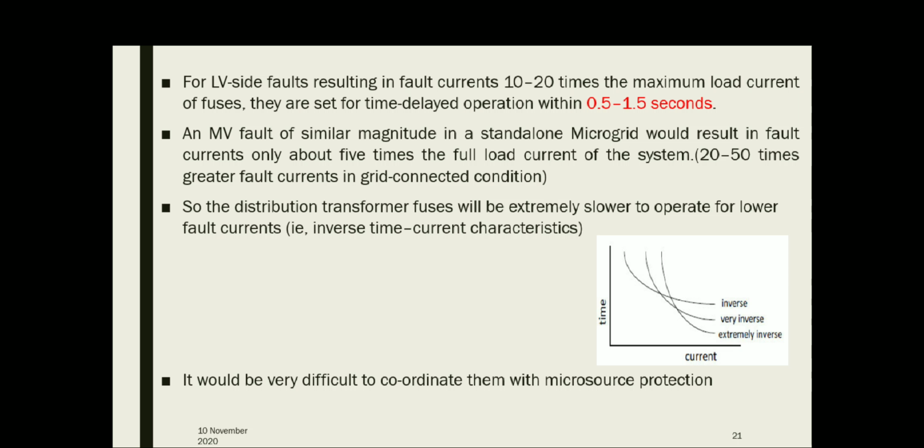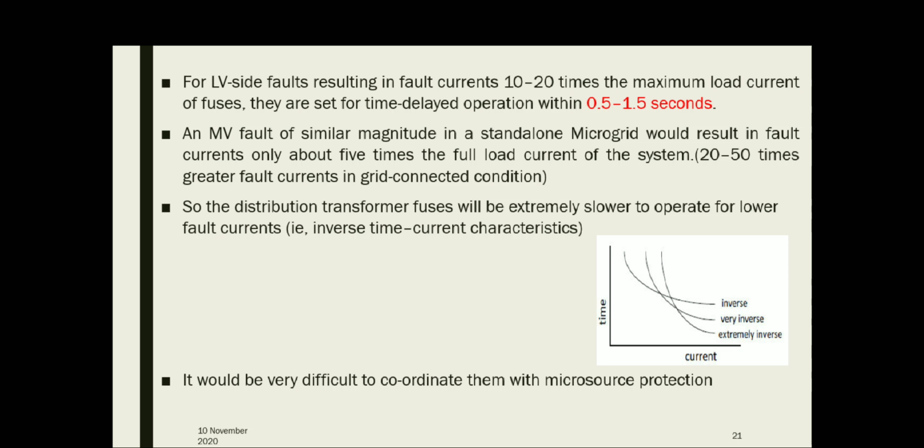So this is much lesser compared to the 20 to 50 times greater fault current in the grid connected condition. In the grid connected condition, the fault current level is very high, and in the standalone condition, it will be at a very low level.